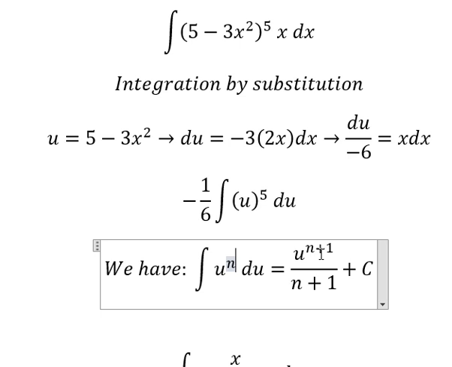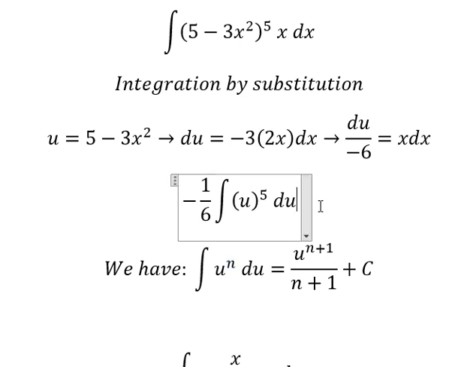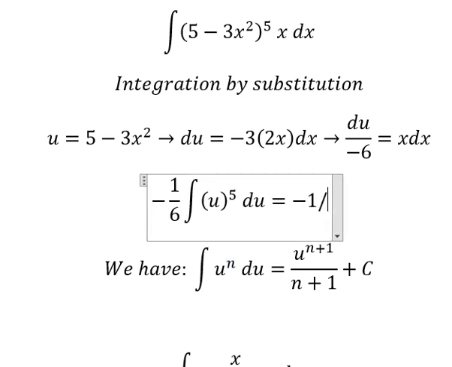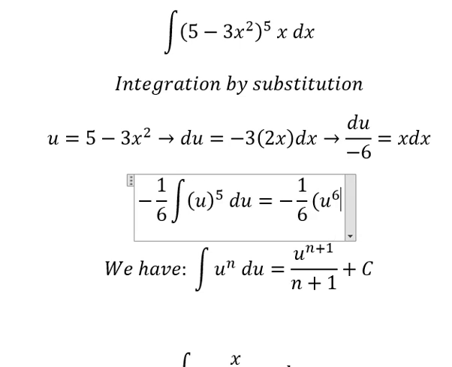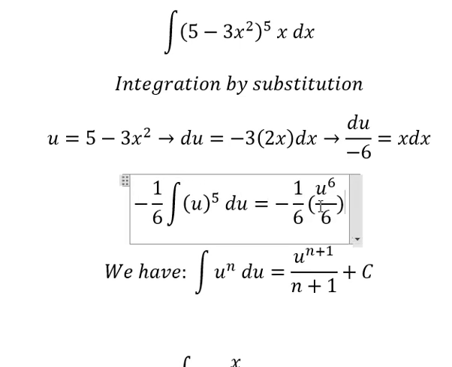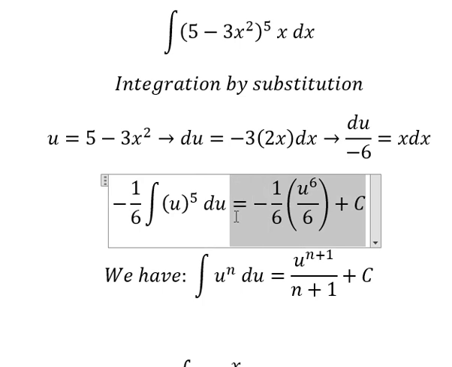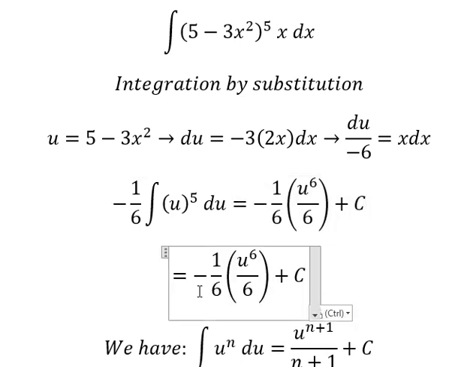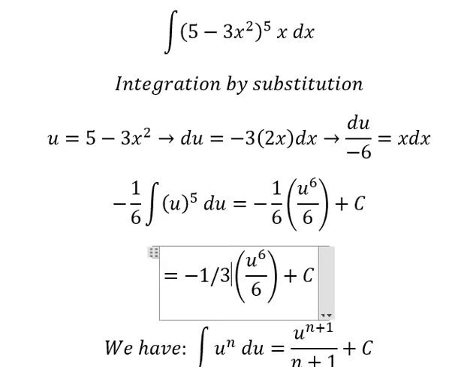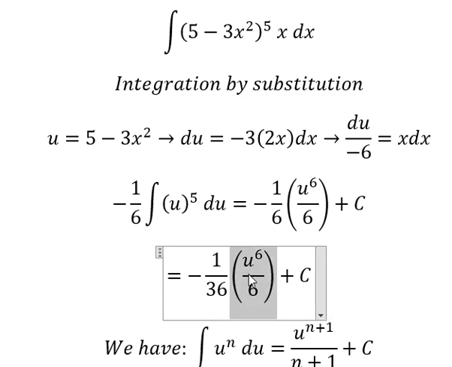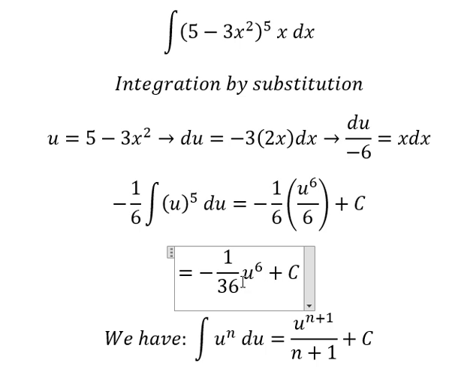So 5 plus 1, we have number 6. So number 6 and number 6, we have number 1 over 36. About u, that is about this one.